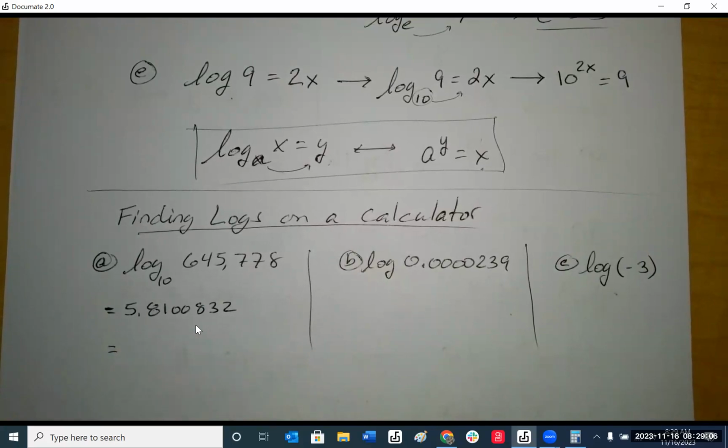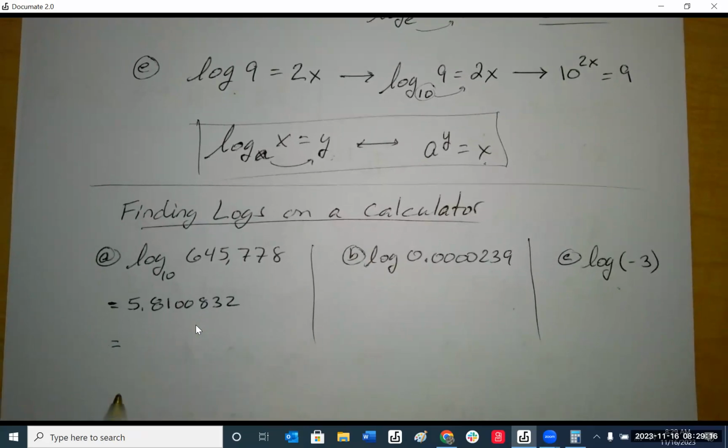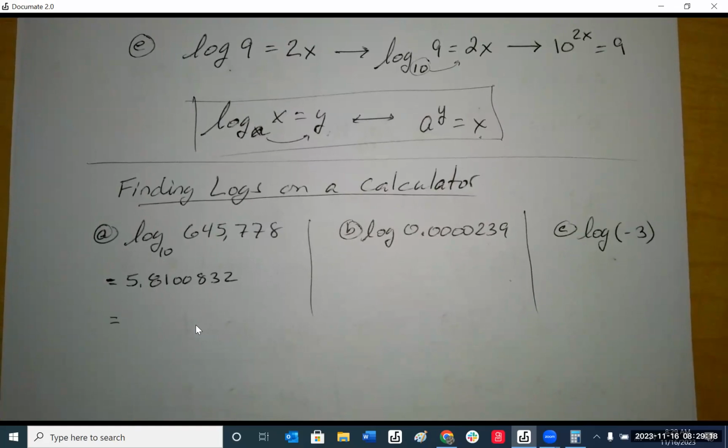Now, we don't want to have a million decimal places. So for this example, let's always round to 2 decimal places. Remember the rounding rules? Here are the rounding rules.